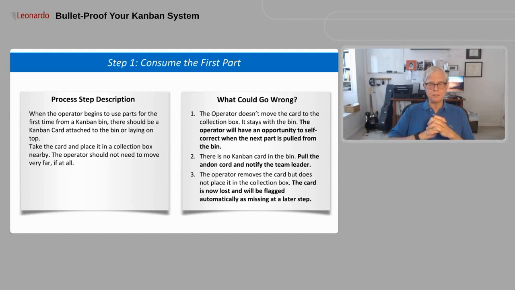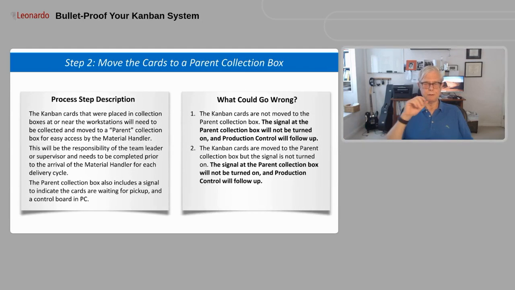So I'm going to describe to you what's going to happen here to flag those kinds of issues. We're not going to know it now, but we're going to know it at a later step in the Kanban cycle. But that is a concern, right? Lost Kanban cards is a very common kind of complaint that people have. Cards always getting lost, misplaced, blah, blah, blah. So we do have a way of bulletproofing that, but not at this particular moment. Okay, next.